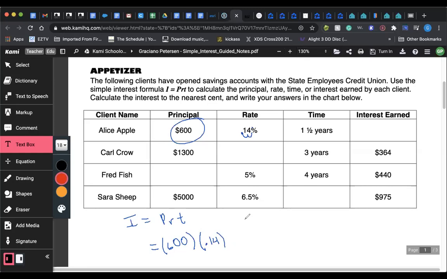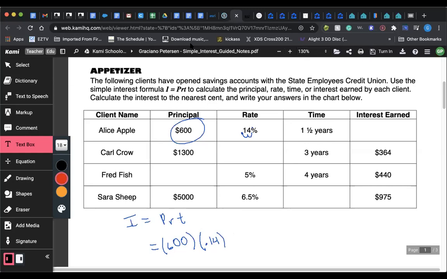And then what am I going to write for the time? Because remember, the time needs to be in years, and right now it says 1.5. So how do I write that so I can put it into my calculator correctly? How would I write 1.5 as a decimal?